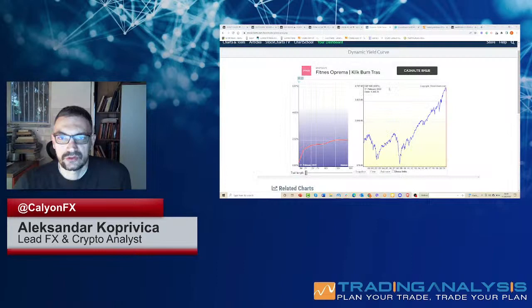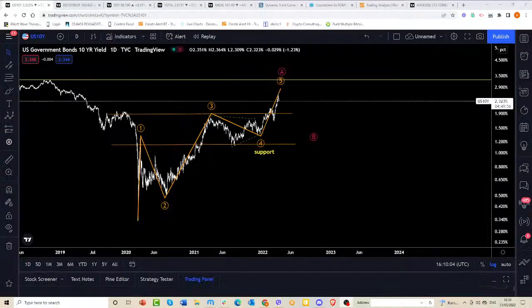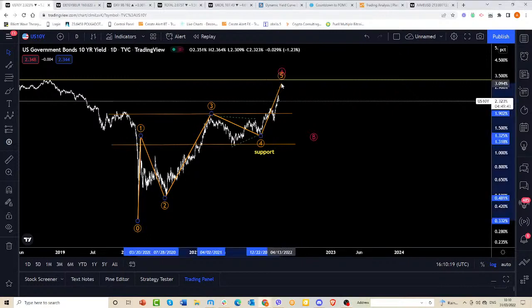Let's start and look at a chart of the 10-year yields. I cannot, of course, hold the bearish wave count, at least for this X wave. I had to transform this to be more impulsive on the upside. We have crossed some of the levels that I have been watching as a last resort in a potential wave A. Now, I have to count this more as a 5-wave move, and the next resistance levels might be around 3.10 to 3.22.